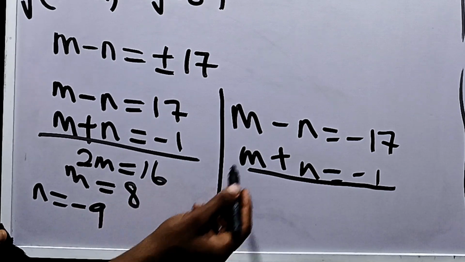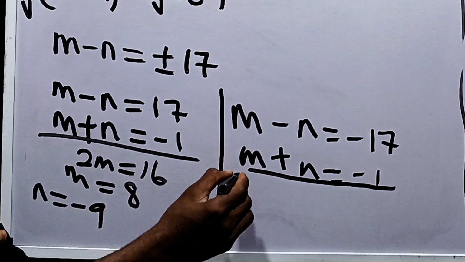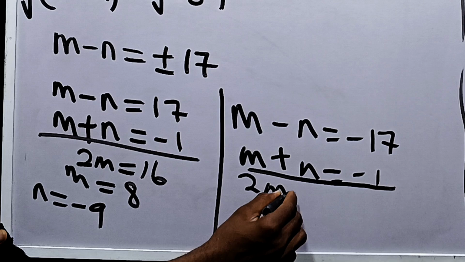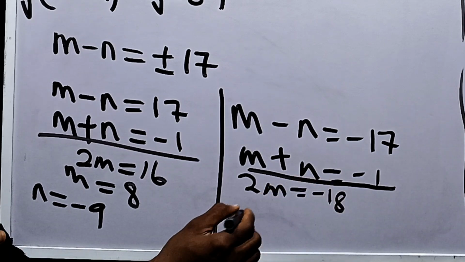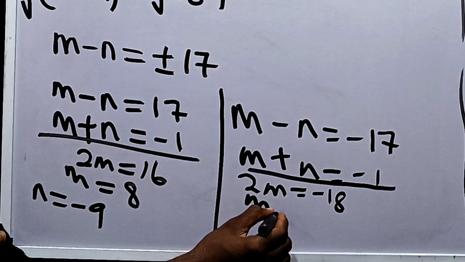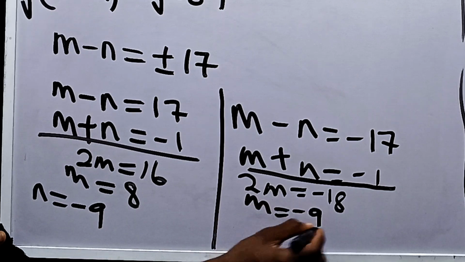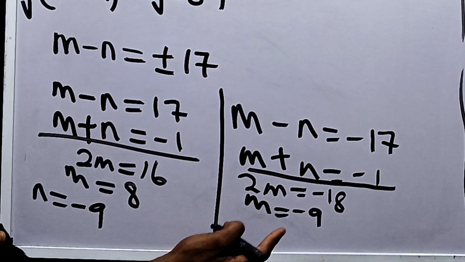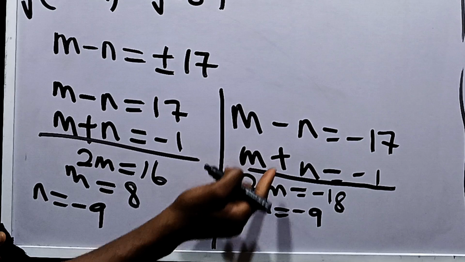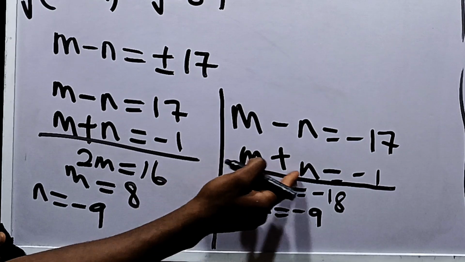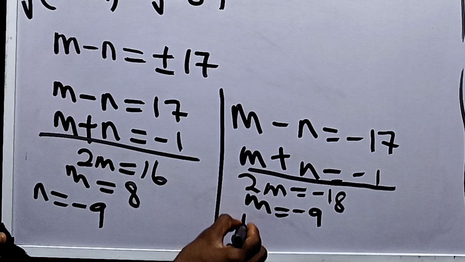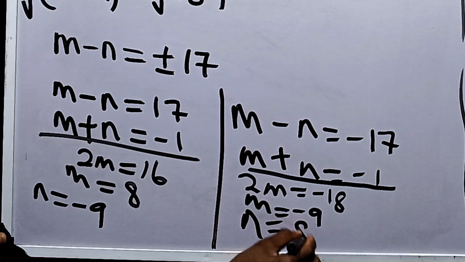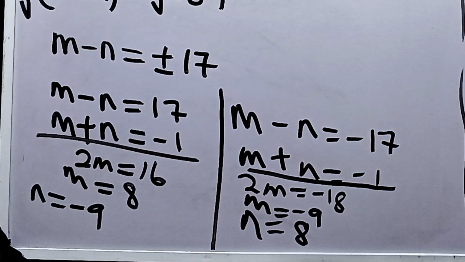And on this side, doing the same thing, we have m plus m is 2m. Now we have this to be equal to minus 18. Okay, now from here our m is equal to minus 9. Okay, now putting m as minus 9 in equation 2, we have minus 9 plus n is negative 1. Crossing over, we have 9 minus 1 to be 8, so n is equal to 8. Okay, now these are the two answers for this equation.